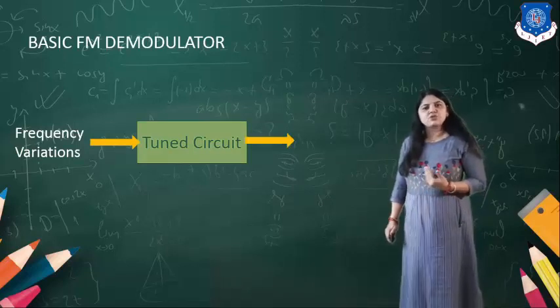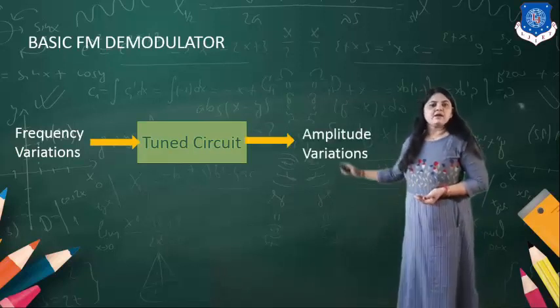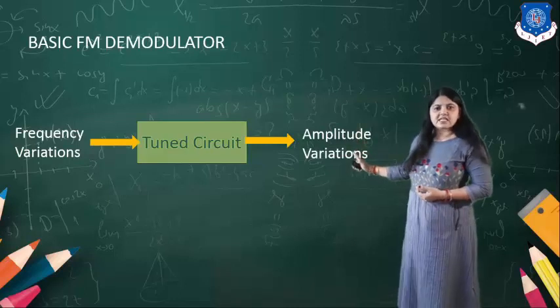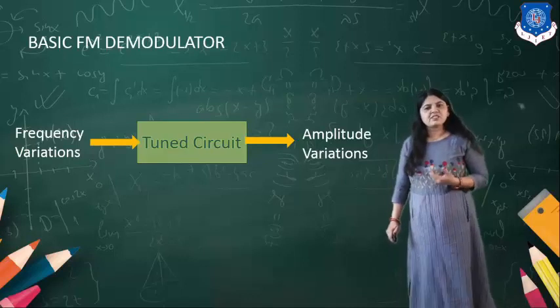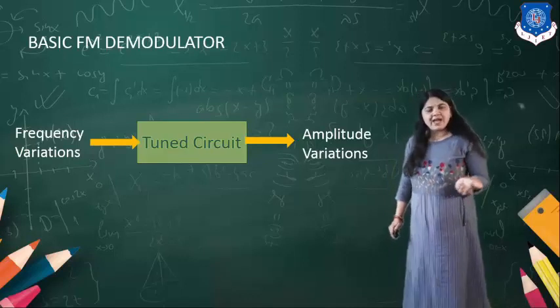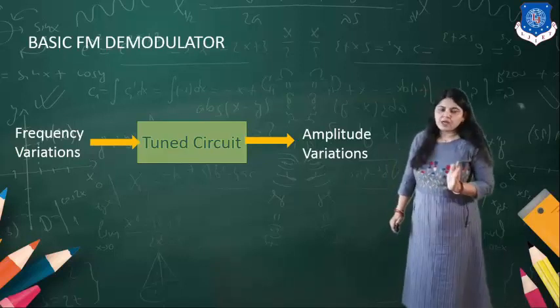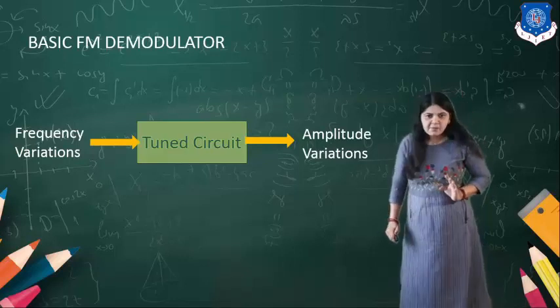Variations are applied to the tuned circuit, and this circuit provides us the amplitude variations. So frequency variations are applied to the tuned circuit, which consists of L and C components.